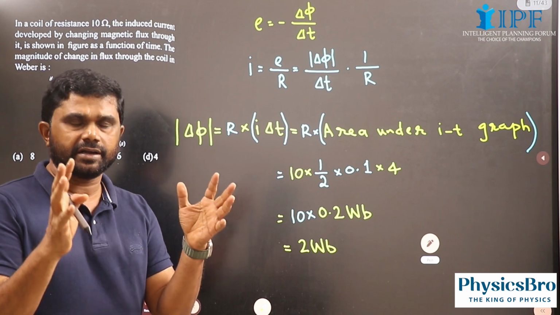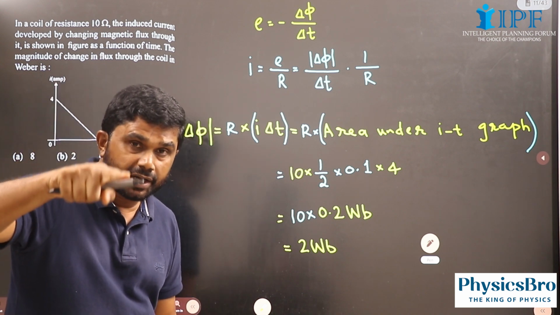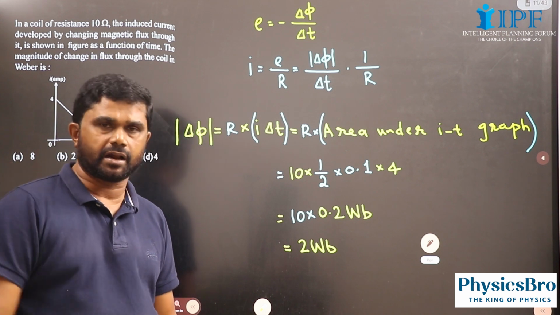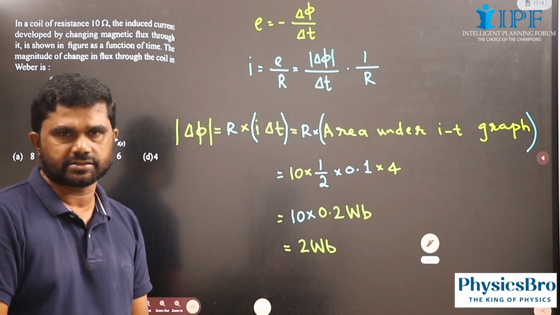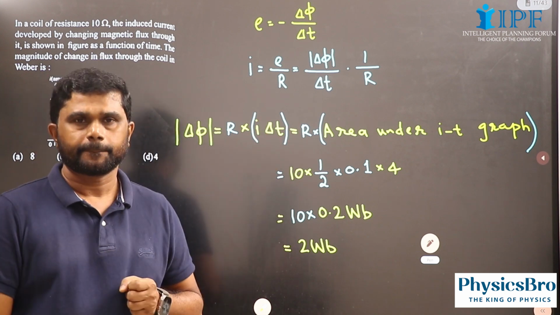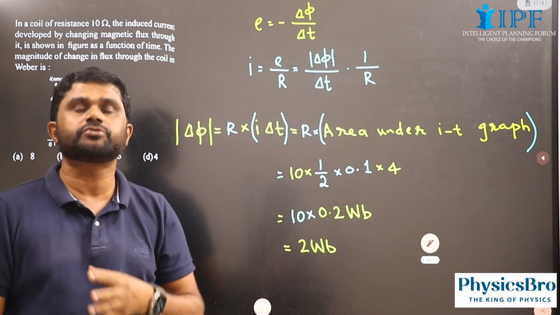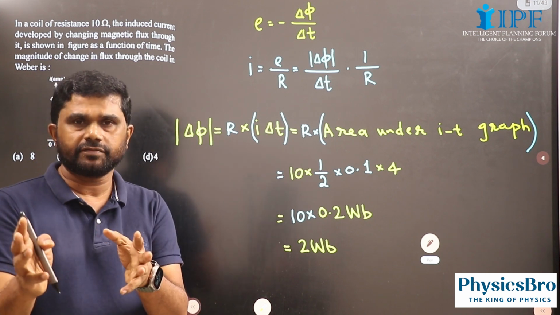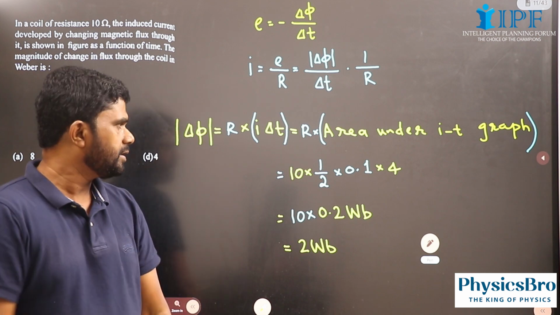See, in any graph, the physical quantity represented by the area under the graph is the quantity along the y-axis into the quantity along the x-axis. In a velocity time graph, area is velocity into time. In an acceleration time graph, area is acceleration into time. In a current time graph, area is current into time, that is charge. Okay.